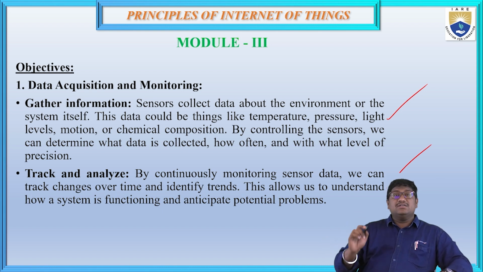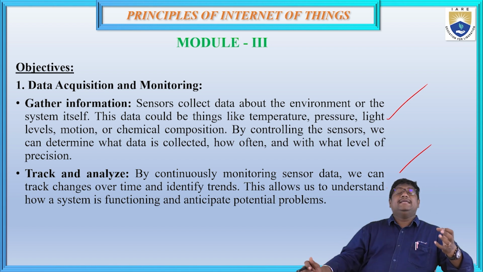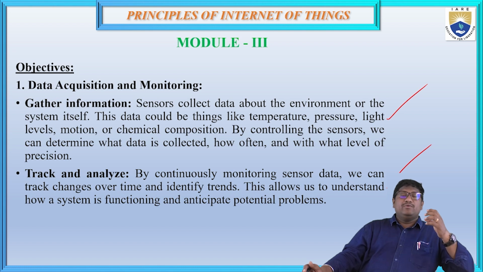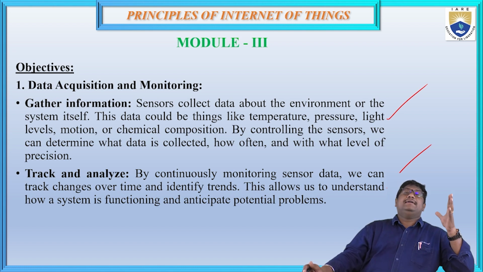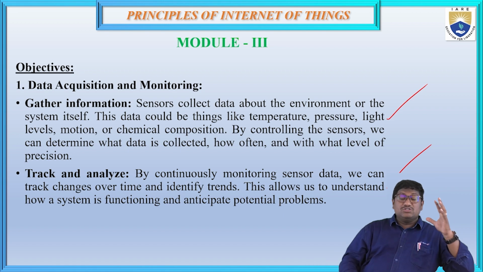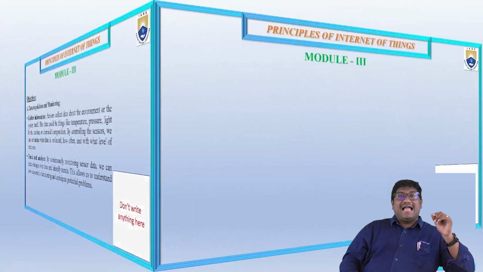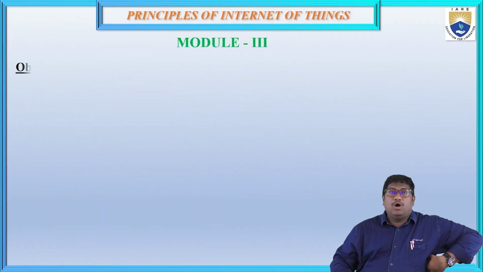Because continuous tracking changes time by time, and there will be a number of trends which allow us to understand how effectively the system is functioning and how we can identify potential problems in advance. These are the things which exist in data acquisition and data monitoring.